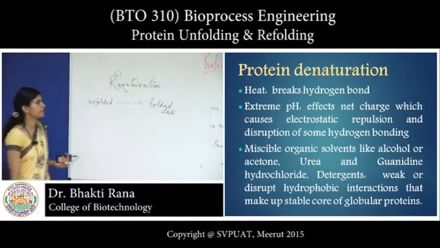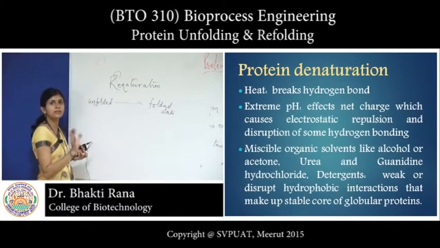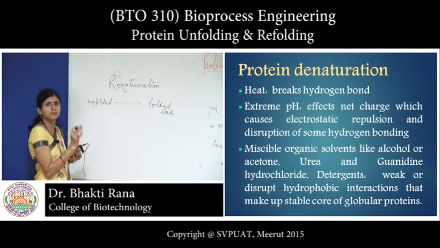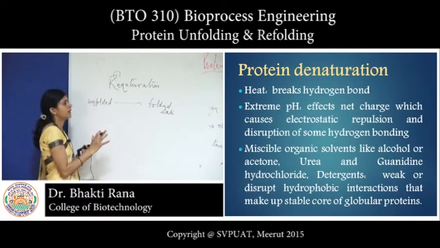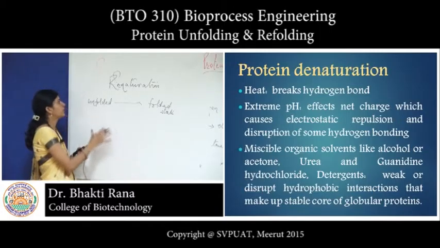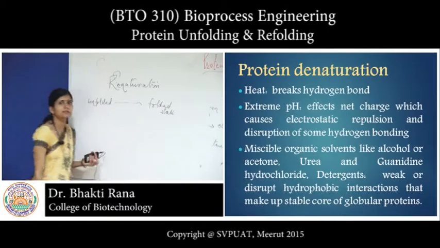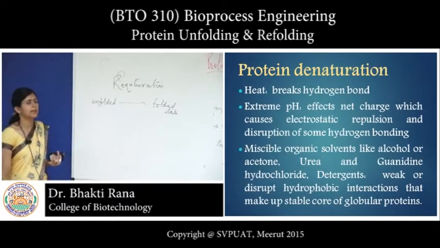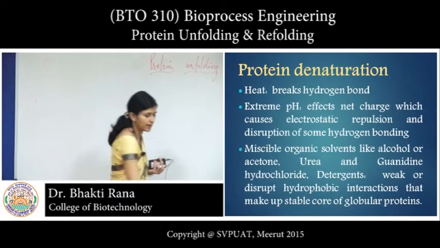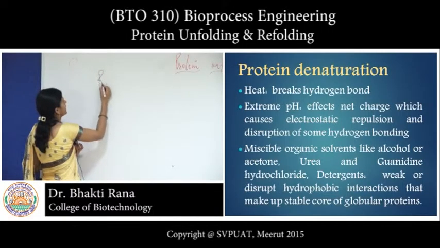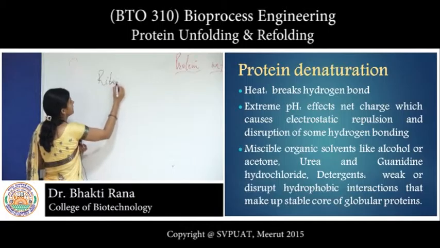This can be achieved just by maintaining the conditions in which the protein is stable. If you have changed the pH or the temperature or applied organic solvents, you will just remove them and the protein will get into its folded state, that is the catalytically active state.